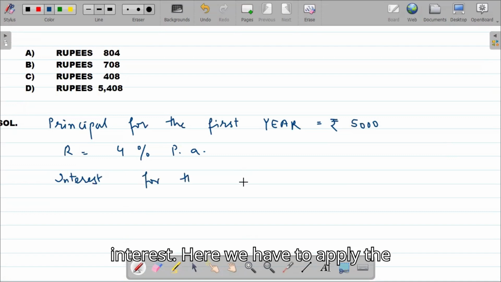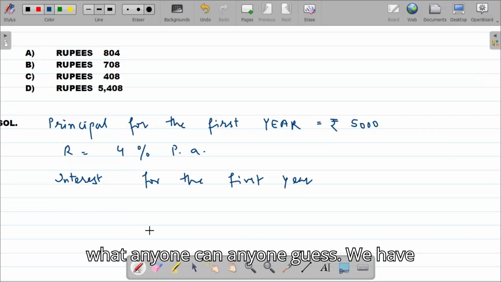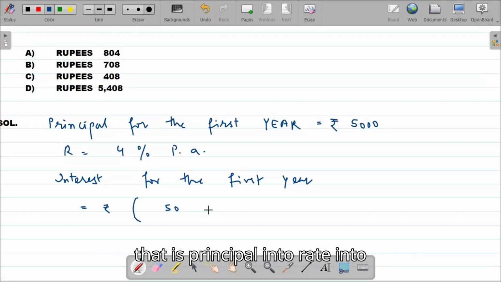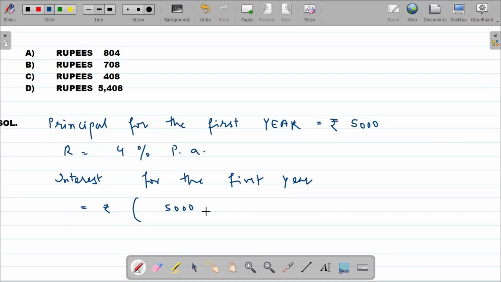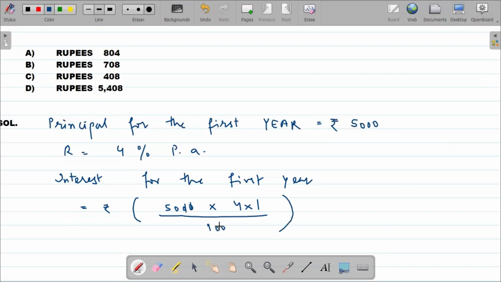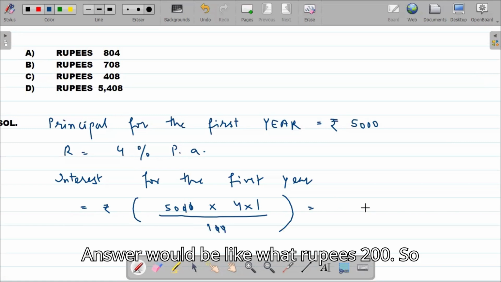Here we have to apply what? Can anyone guess? We have to apply the formula for simple interest, that is principal into rate into time upon 100. 5,000 into 4 into 1 upon 100. So we cancel it. The answer would be rupees 200.